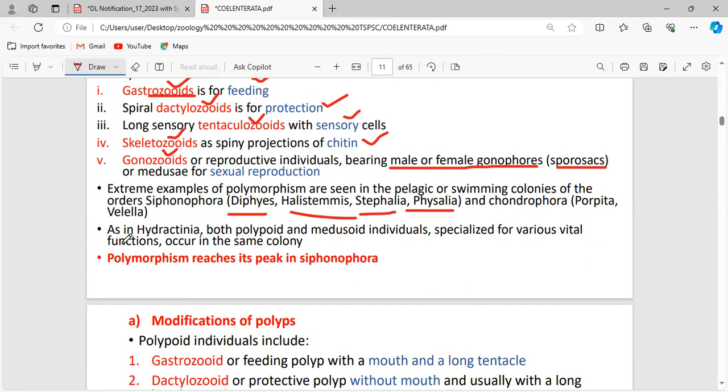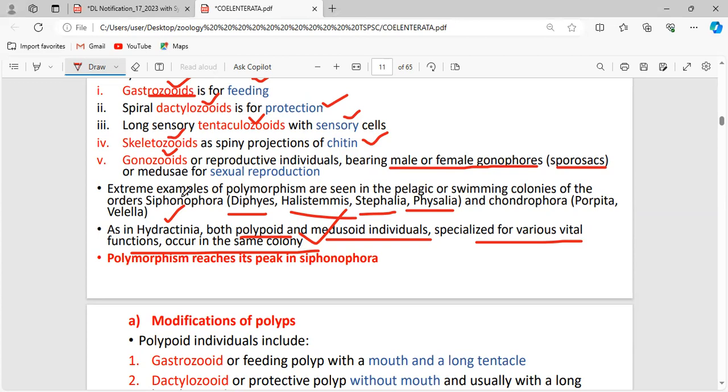In Hydractinia, both polypoid and medusoid individuals specialized for various functions occur in the same colony. Which means the polyp and medusa are present in the same individual. This polyp is responsible for asexual reproduction and this medusa is responsible for sexual reproduction.